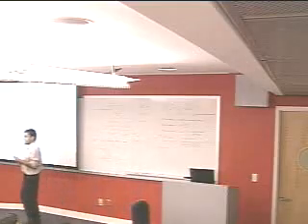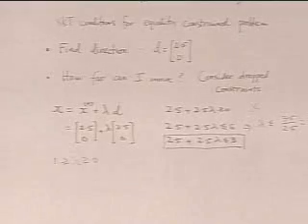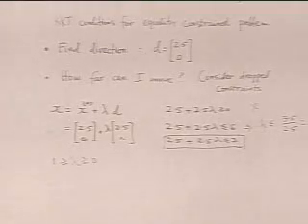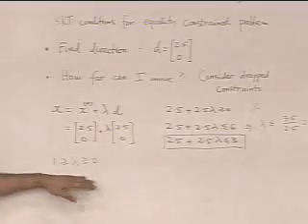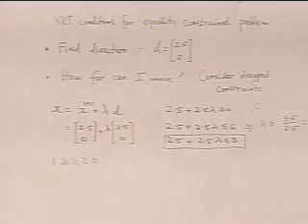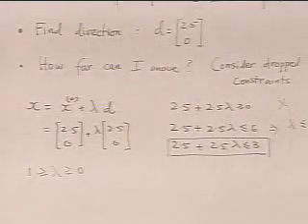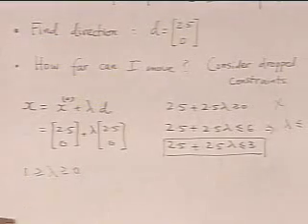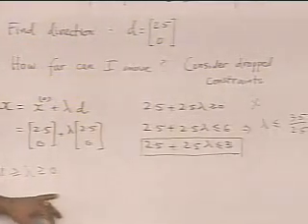I don't want lambda negative because that means I'm moving in the opposite direction. And I don't want lambda to be greater than 1 because it means that I went past the point that I wanted to be at. Between these two limits, I'm going to see what the constraints tell me. So I want lambda to be greater than or equal to 0, because otherwise I'm moving in the opposite direction.